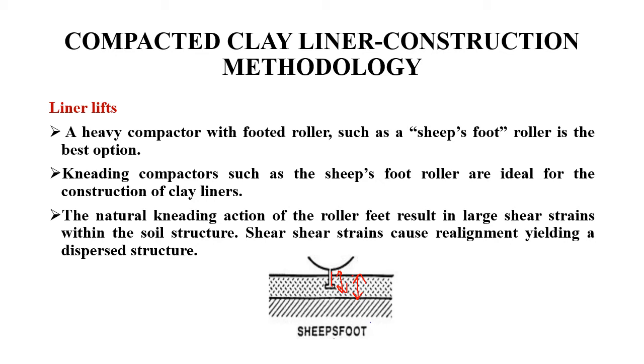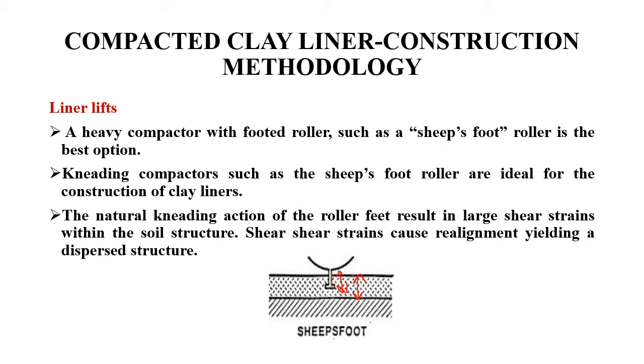Due to the kneading of the sheep's foot roller in the particular liner lift thickness, shear strains are produced, and these cause the soil particles to rearrange and form a particular structure. They rearrange to form a dispersed structure.